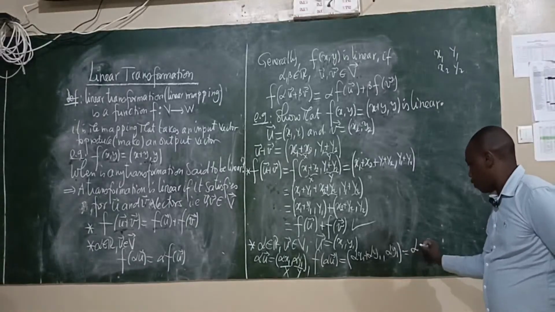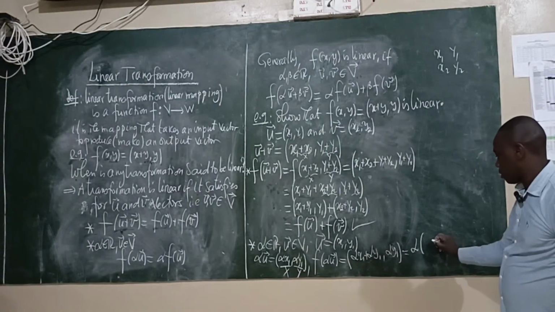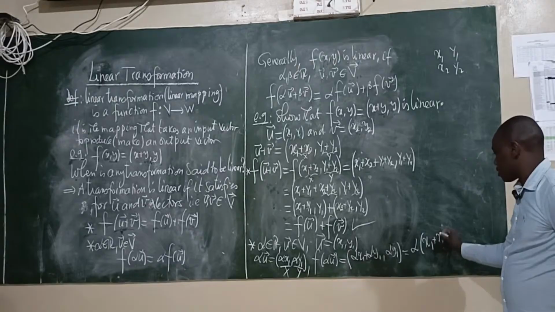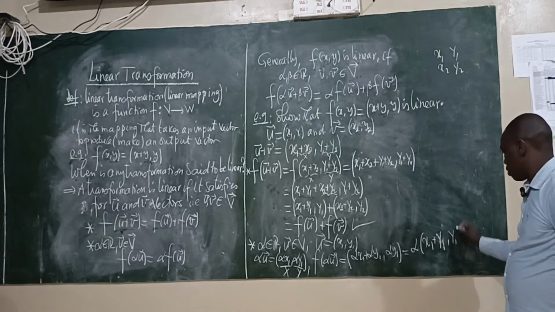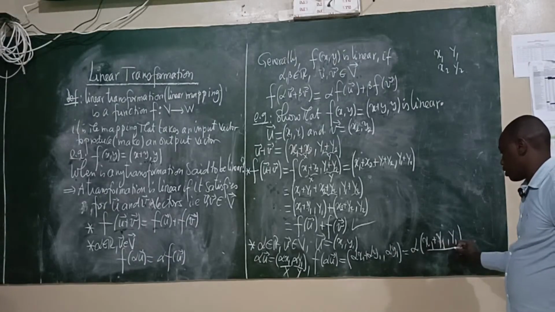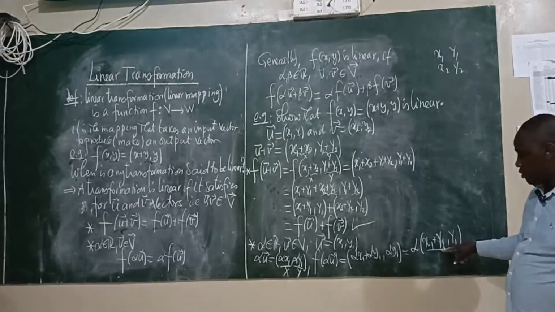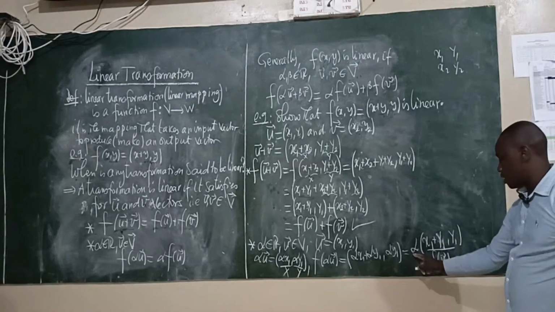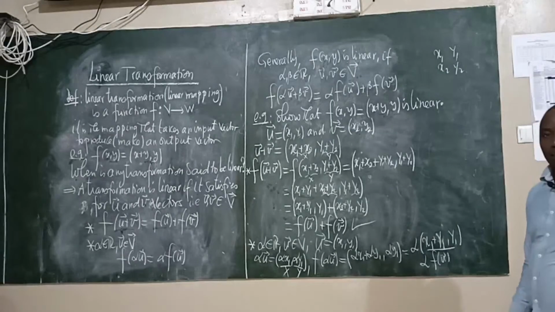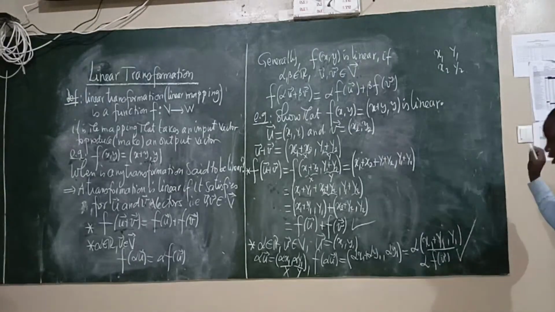This is going to be alpha into x1 plus y1, comma y1. As you saw, this is the function of u. Here is f of u, and this is alpha. As you see, this is proven.